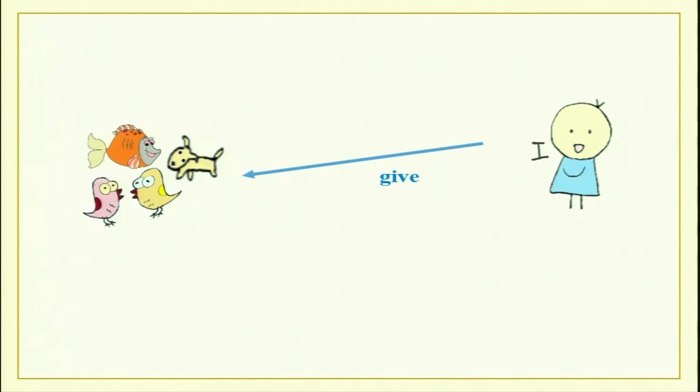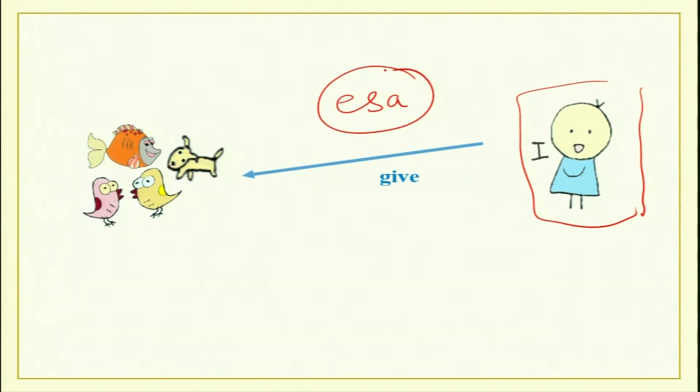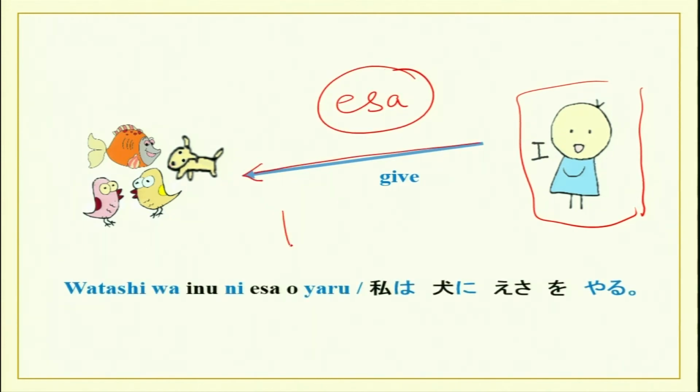Now, another important thing that you have to keep in mind is when you are giving things to animals basically. So, you give them food, which is esa in Japanese, and the verb is yaru, yarimasu.